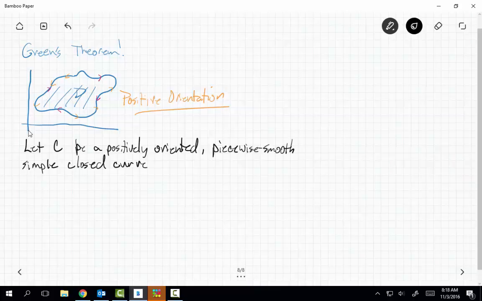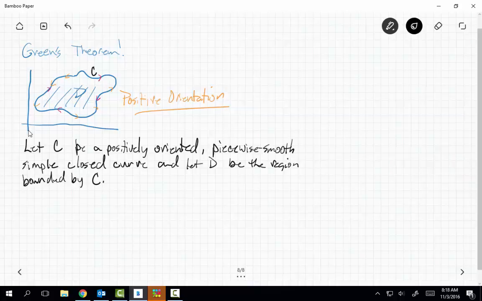Curve, and let D be the region bounded by C. All right, so this guy right here is C, and this is D inside.